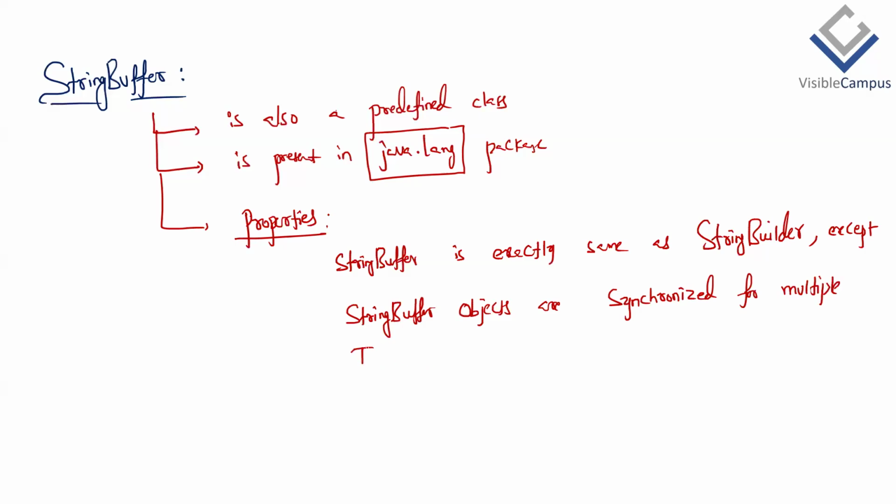That's the only difference. What about growth capacity and length? Same as StringBuilder. What about growth factor? Same as StringBuilder. What about the append method? Same. What about equals and the double equals operator? Same as StringBuilder only. There is only one difference: StringBuilder is not synchronized for multiple threads, and StringBuffer is synchronized for multiple threads.